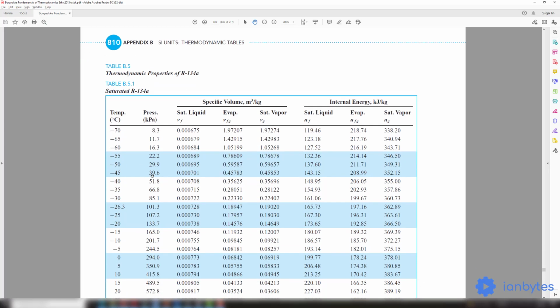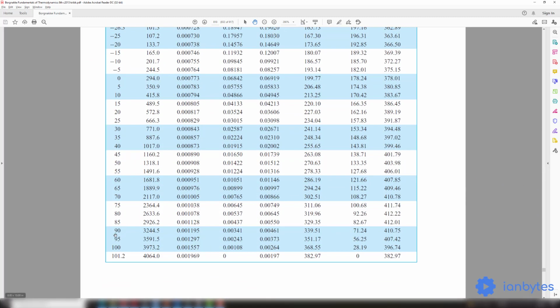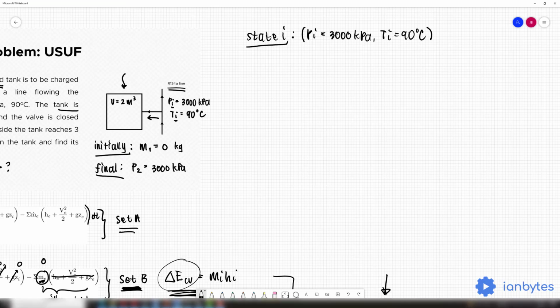So we have a temperature of 90 degrees Celsius and that temperature is over here.